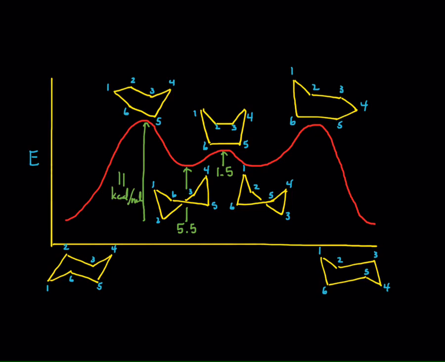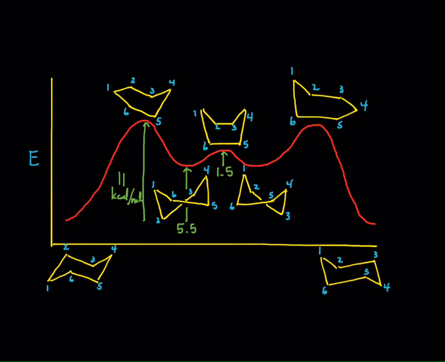And then we proceed down to the other side. And so this hopefully gives you a good picture about what's really happening in that molecule. Now, that 11 kilocalories per mole is the amount of energy you need to go from one chair conformation to the other. And at room temperature, this is a fairly easy process.